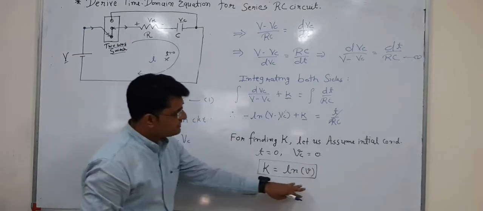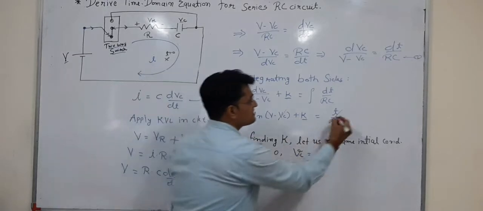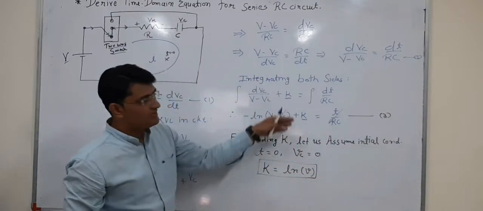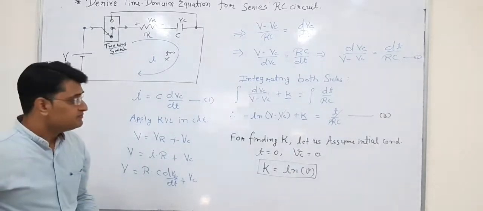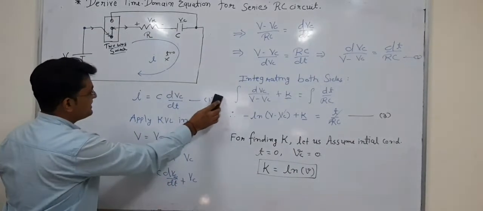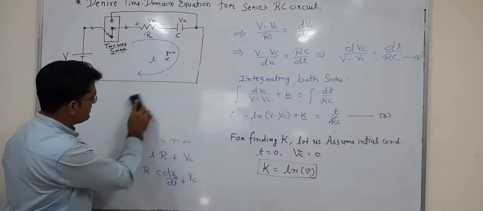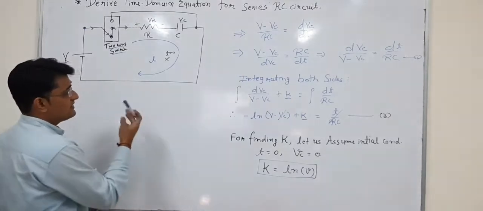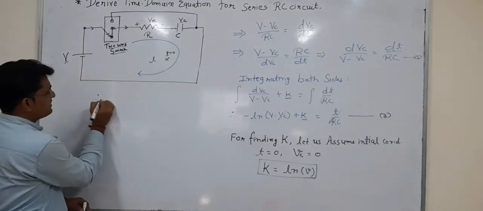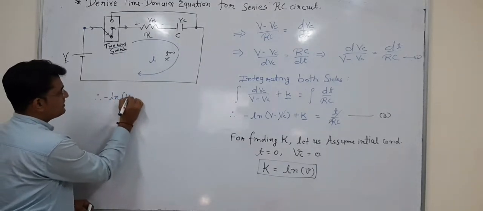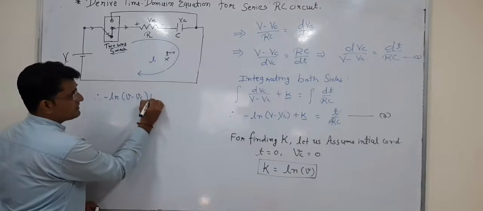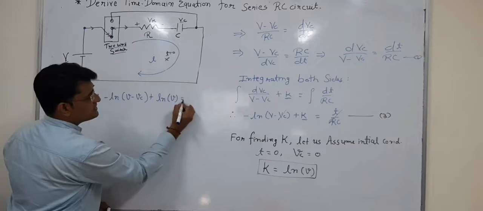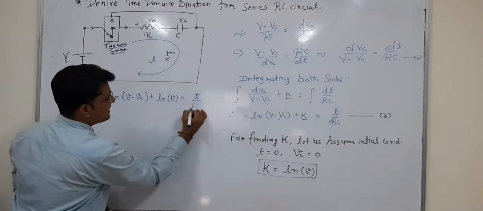Now let's put this value of k in equation number 3 and rewrite our equation. So minus ln(V minus Vc) plus ln V equals t by RC.